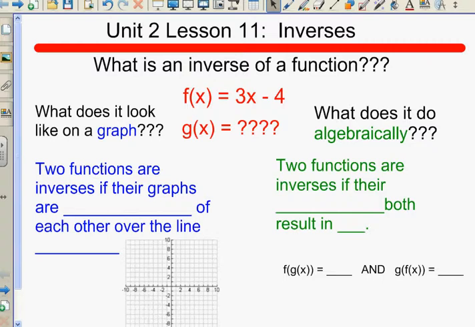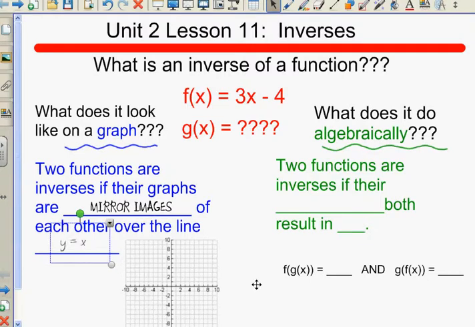Okay, so we talked about what an inverse is. Every function that we know has a potential inverse. And we said, what does it look like on a graph? That's one way to find an inverse. Or separately, what does it look like algebraically? On a graph, two functions are inverses if their graphs are mirror images of each other over the line y equals x.